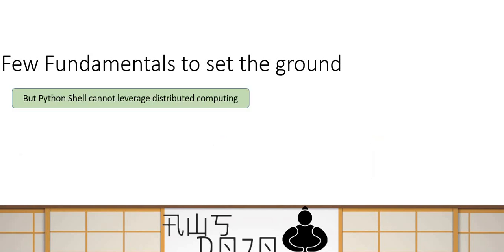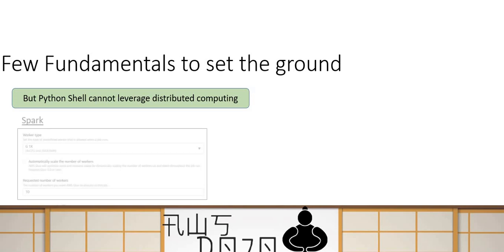Now comes the trouble part, and where I will start moving into why Ray. So both Spark and Python shell can be used for Glue jobs, but Python shell cannot use distributed computing. You can see that in the configuration.